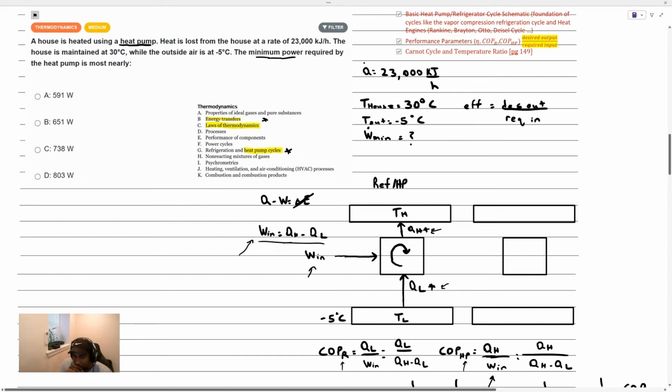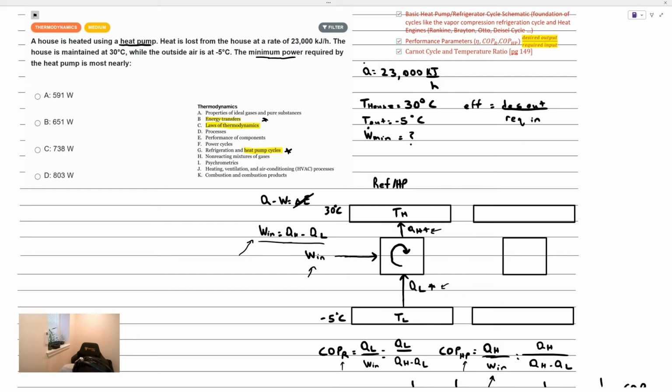We're going to transfer heat from that low temperature source to evaporate a working fluid. We're going to compress that working fluid, which is now in a gaseous state, to transfer heat inside of the house. We're going to heat that fluid up at the low temperature source so much that we're able to transfer heat to the high temperature sink, which is the inside of the house that's maintained at 30 degrees Celsius.